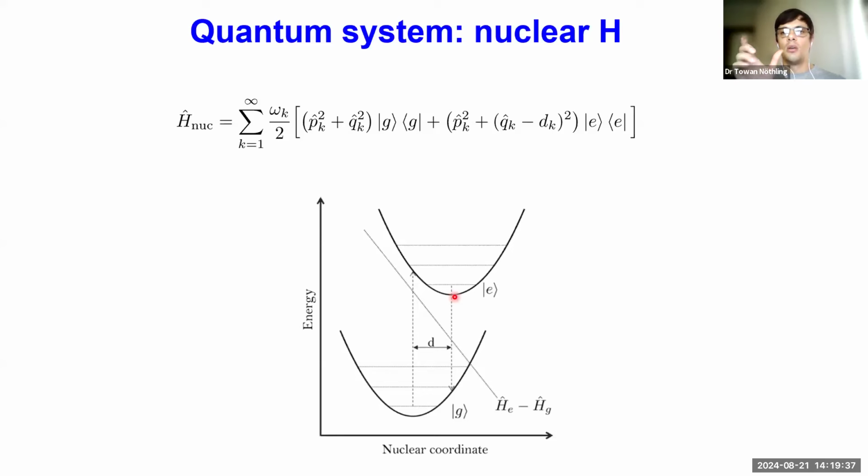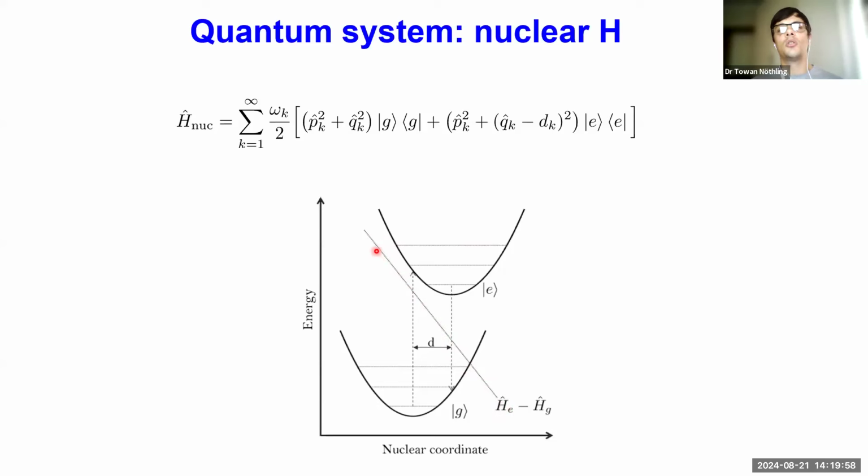That means that we have oscillating nuclei, and as soon as we effectuate the transition to the electronic excited state, the position of the nuclei change, but they still fluctuate as oscillators. The difference between these potential energy surfaces is linear, as you can see here.